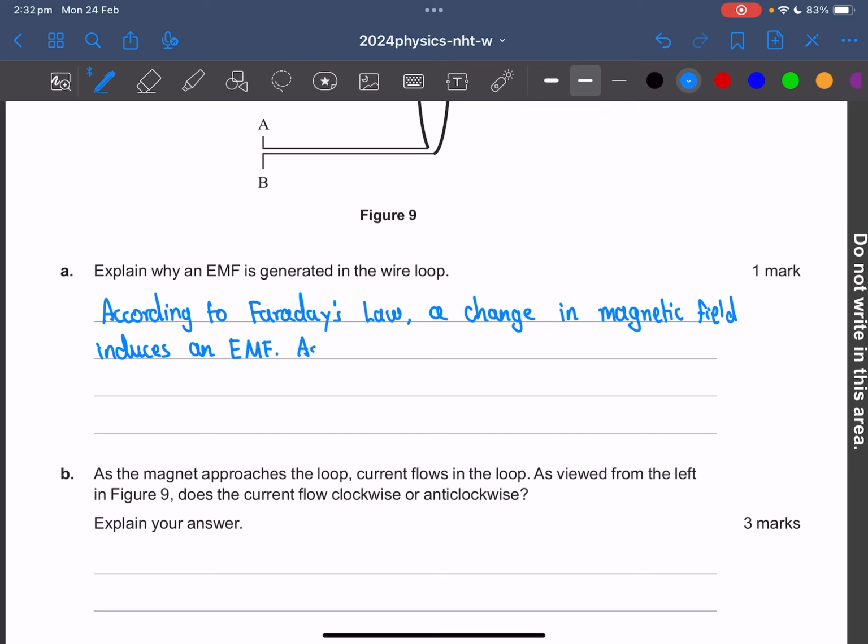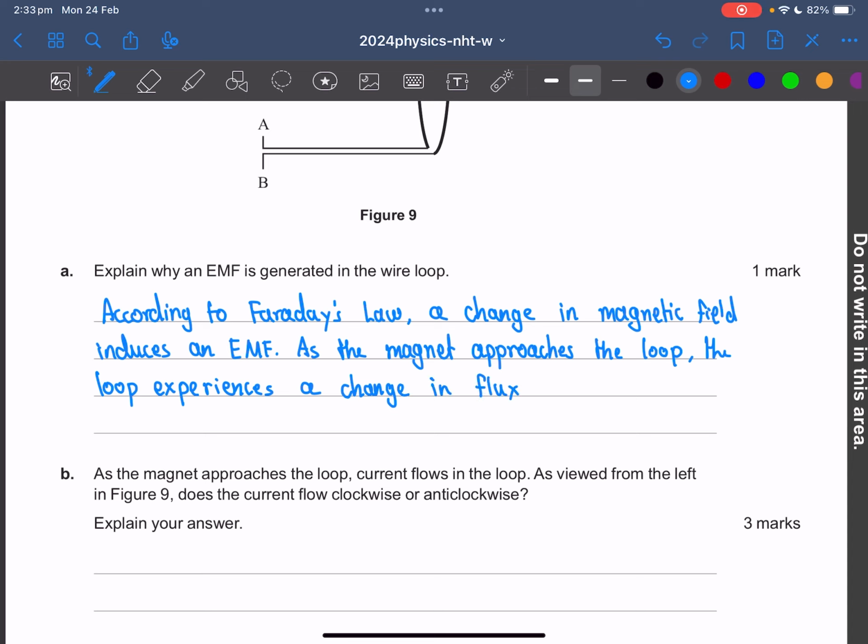So that means as the magnet approaches the loop, the loop experiences a change in flux, and hence an EMF is generated.